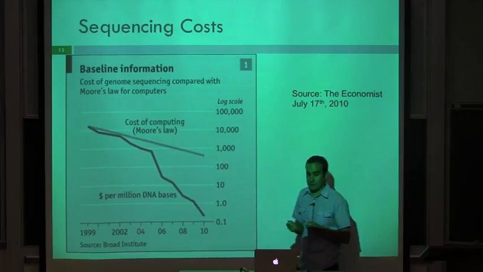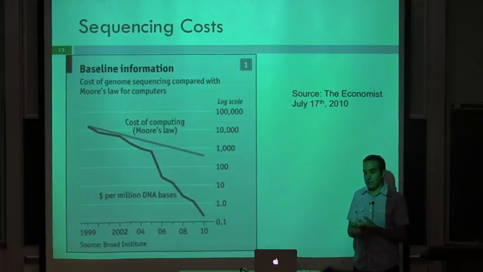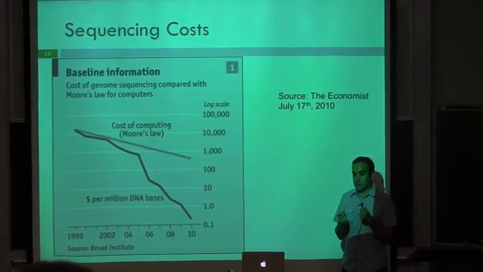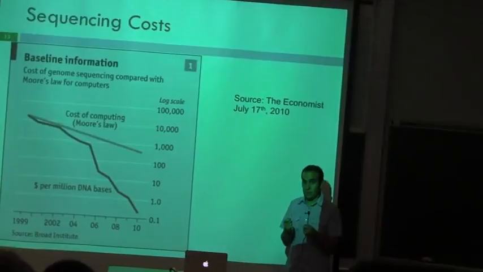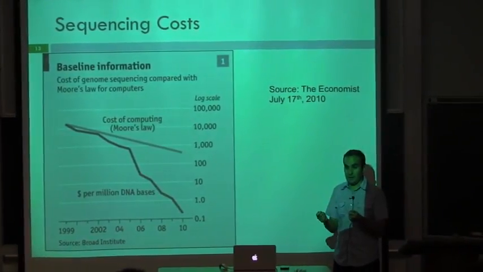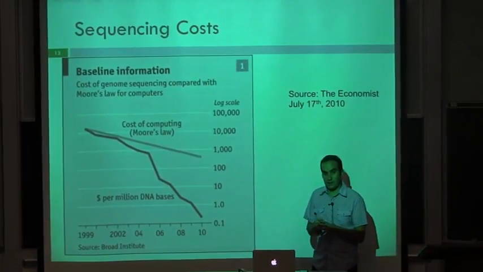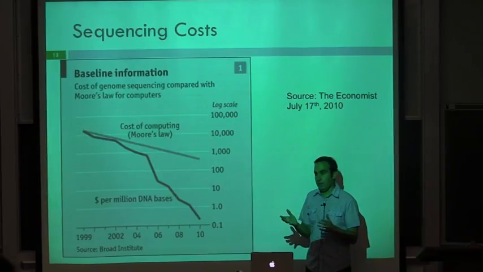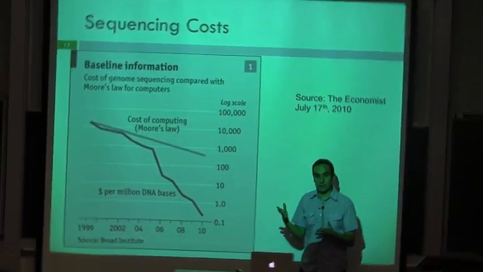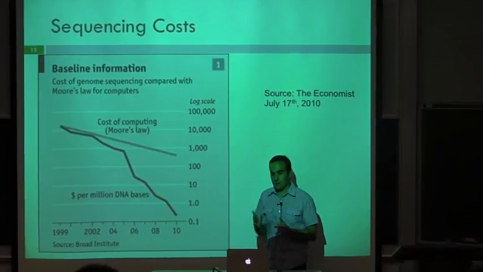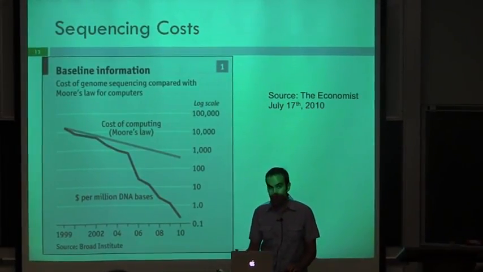So the cost of computing is decreasing more slowly relative to the cost of data collection, which means that if you're spending the same amount of money per year on collecting data and on analyzing the data, a big gap opens up, because you're collecting much more data over time than your computers are getting faster to analyze it. Does that make sense? So that's why we need better algorithms, and it means job security for people like you and me.